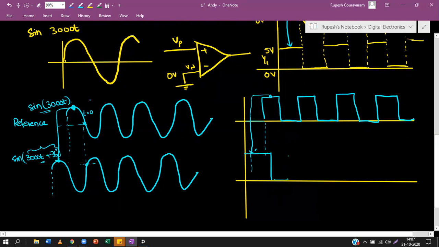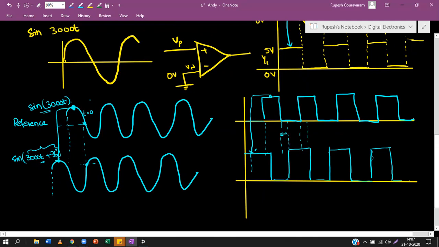So from here, and so on. That means at each and every position there is a difference in the angle.